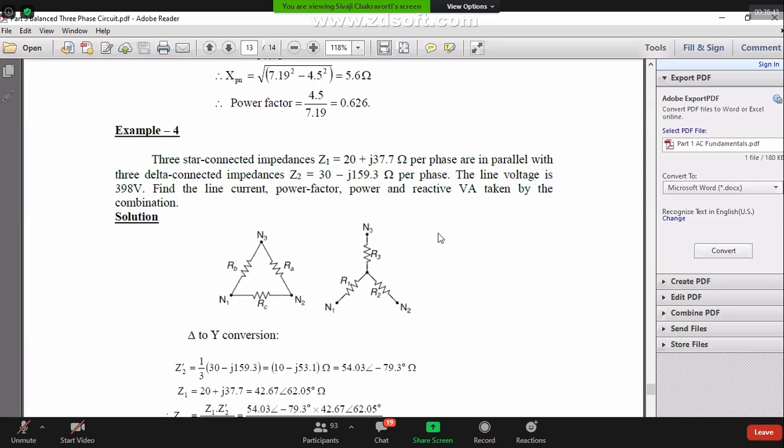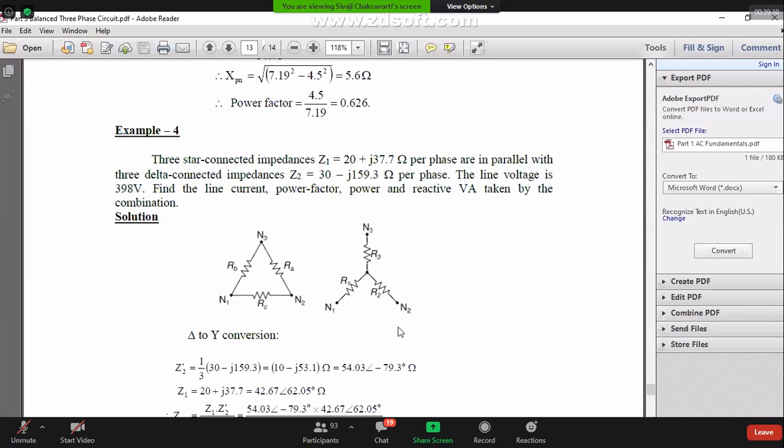This is the first thing you have to make very clear. Here you cannot apply the concept that they are connected across the same voltage. They are connected across the same nodes. That means both these will be connected across N1, N2 and N3. So just think that this star is in the middle of this triangle, connected to N1, N2 and N3.